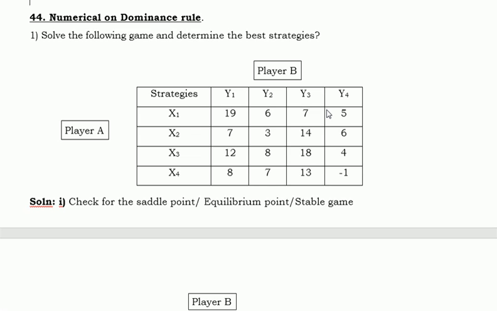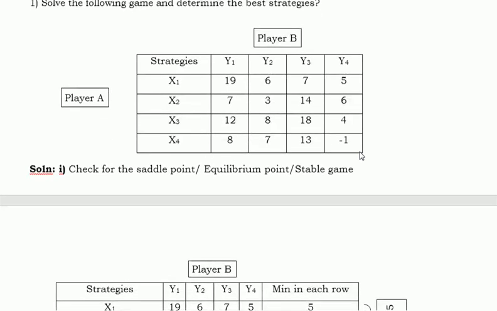A positive value in this matrix indicates gain to player A and loss to player B, and a negative value indicates loss to player A and gain to player B.